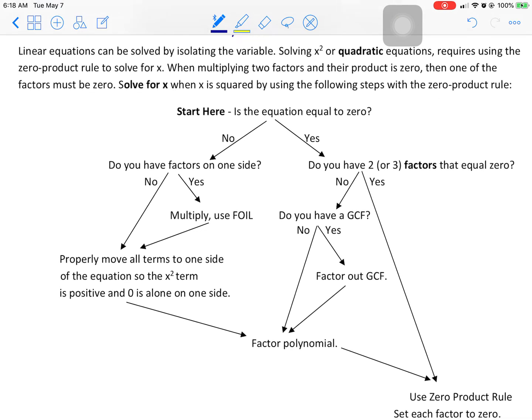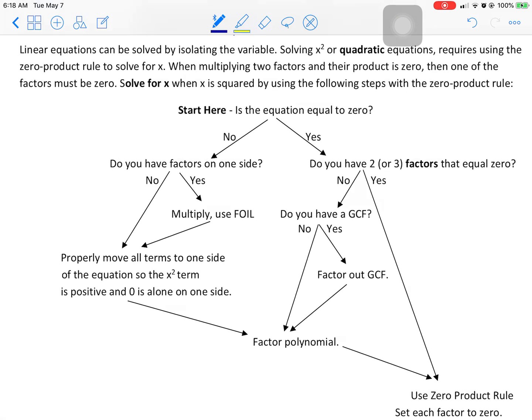This kind of complicated flow chart is supposed to help you figure out what to do, because a lot of these problems don't look the same. Start by figuring out if the equation is equal to 0. If it's not, you have to do some things to make it equal to 0. If it is, you have to understand whether there are factors or not.